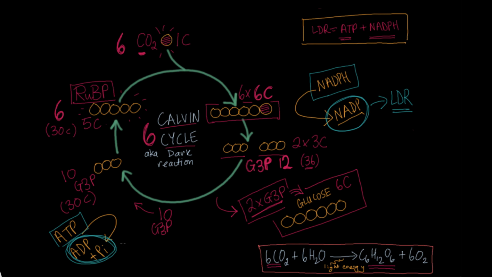So the light-dependent and the light-independent, the dark reactions, are linked. The products of the light-dependent reaction feed into the dark reactions. And the products of the dark reaction, aside from glucose, feed into the light-dependent reactions. So they are a coupled reaction.